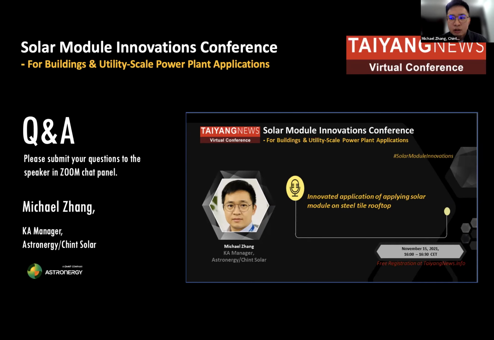So maybe the solar module itself is not resistant to the soil, but with our O&M team, we are able to maintain the generation at a very high level. So we don't have any problem about the soil.